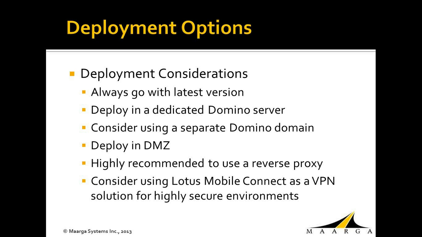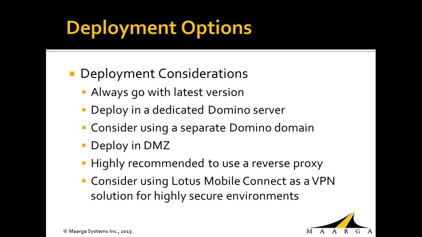And again, if you need more security or more encryption features, you can always install Lotus Mobile Connect as a full-fledged VPN solution on top of or in conjunction with your Traveler rollout. As we have seen with Traveler, Lotus Mobile Connect client licenses are entitled with Notes and Domino.